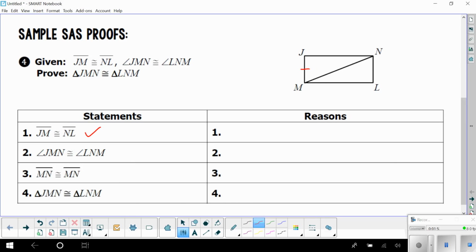So JM, NL is going to be your given for your angle JMN. So you're looking at this angle right here. And then LNM, so you're looking at this angle right there. This was also given.